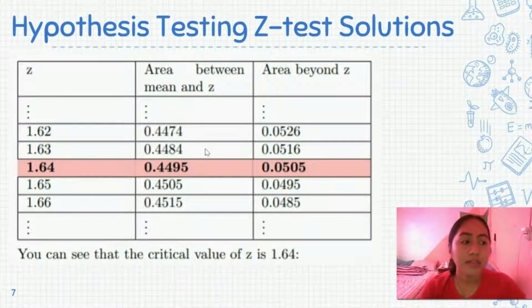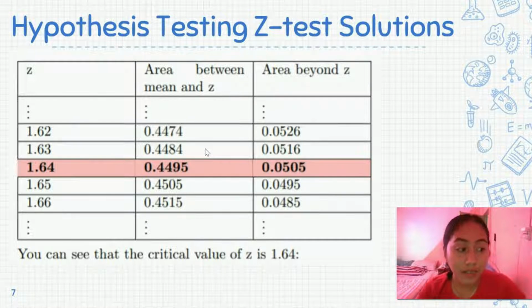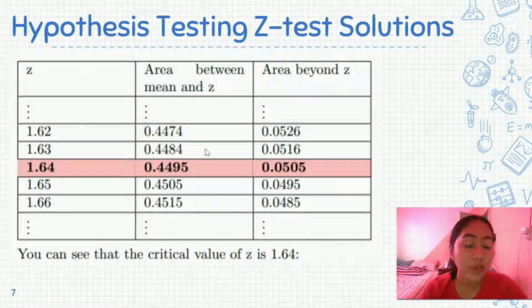Since this is a one-tailed test, because we are only rejecting H0 if our observed mean is significantly larger than 210, to make our decision we need to find the critical value of Z, which is the Z for which the area above is 0.05.